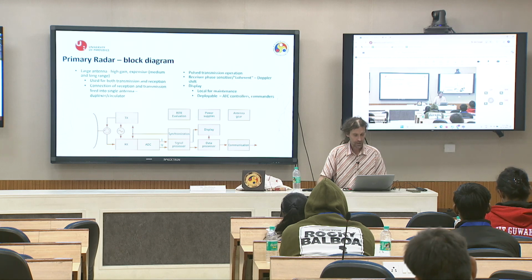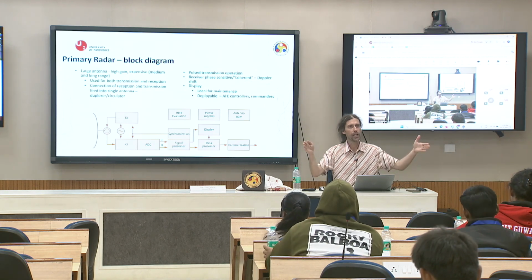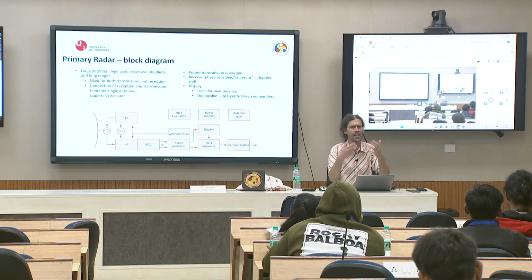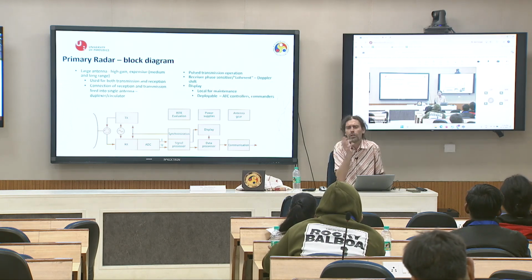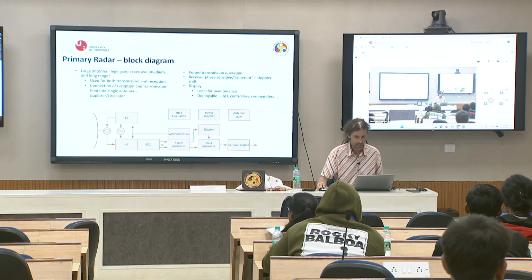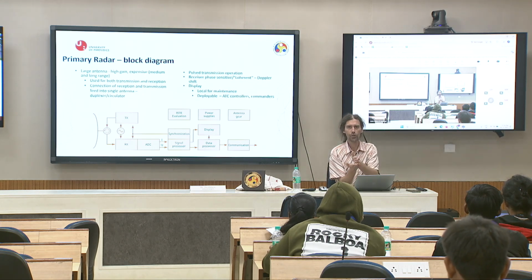Then there is some filtration, because your received signal has some bandwidth, and of course I limit it to the bandwidth of interest. There are a few more things, but they are not important for us. They are important for the designer of radars. Then we go to the ADC converter, and there is a clear message. There we stop the analog domain and start the digital domain.